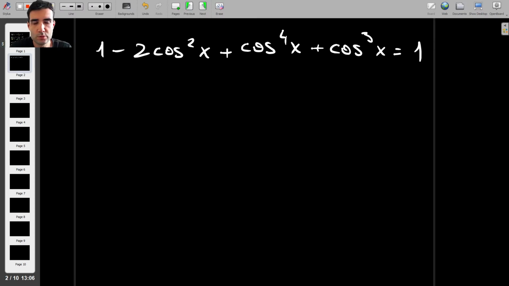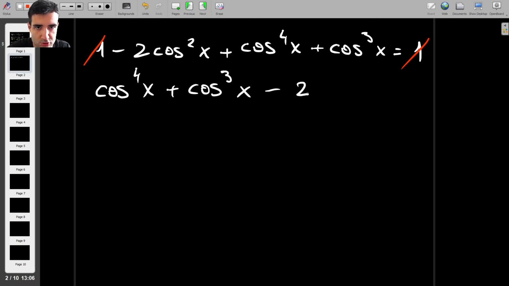So we can actually see that the 1 cancels out, which is nice, because now we just end up with cosines in every term. Okay, so if I rearrange this, I'm going to get cosine to the power 4 of x plus cosine to the power 3 of x, and then minus 2 cosine squared of x, and this whole thing is now equal to 0.